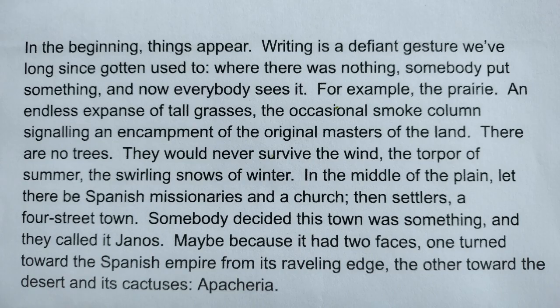In the middle of the plain, let there be Spanish missionaries and a church. Then settlers, a four-street town. Somebody decided this town was something, and they called it Llanos. Maybe because it has two faces, one turned toward the Spanish Empire from its fraying edge, the other towards the desert and its cactuses, Apacheria.